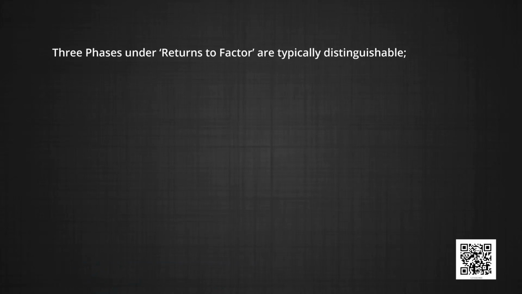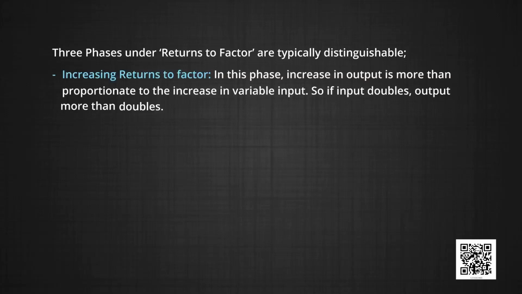Three phases under returns to factor are typically distinguishable. Increasing returns to factor exists when an increase in output is more than proportionate to the increase in input. In other words, if input doubles, output more than doubles.